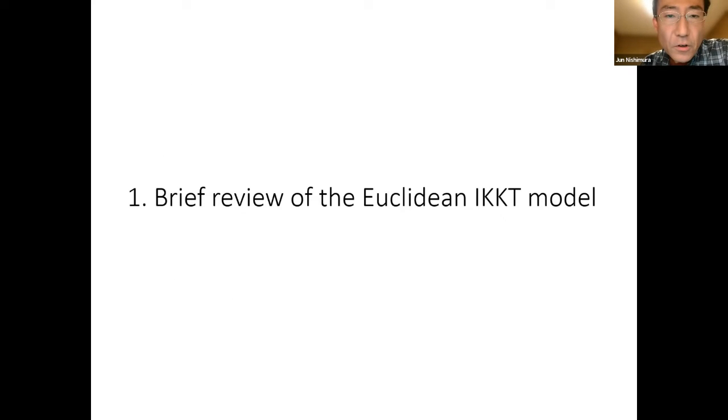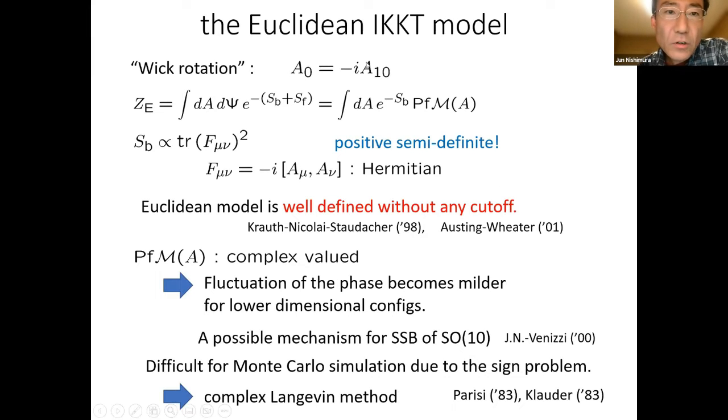Okay, so let me first briefly review the Euclidean IKKT model. As I said, this model can be obtained from the original Lorentzian IKKT model by Wick rotation. So A0 is now replaced by minus i A10, and A10 is considered as a Hermitian matrix.